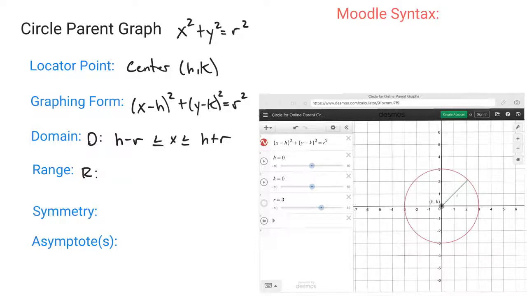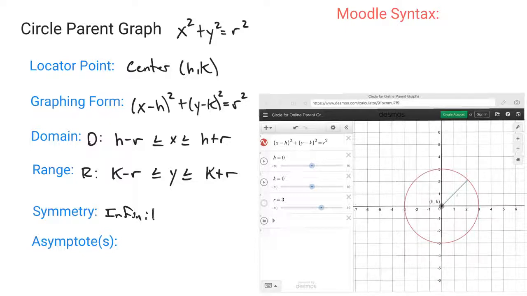So this is going to be k minus r on the bottom side, less than or equal to y, which then would be less than or equal to k plus r. So wherever your k value is, you move down r units, and you also move up r units to create your restricted range.